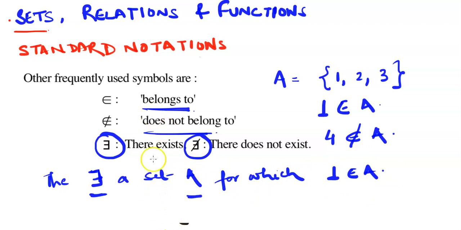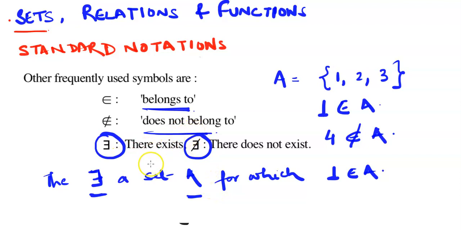Just remember these symbols, because they will be used often in the coming lectures. Wherever they come, I will explain them again so that you're able to understand how they have been used in a certain notation.